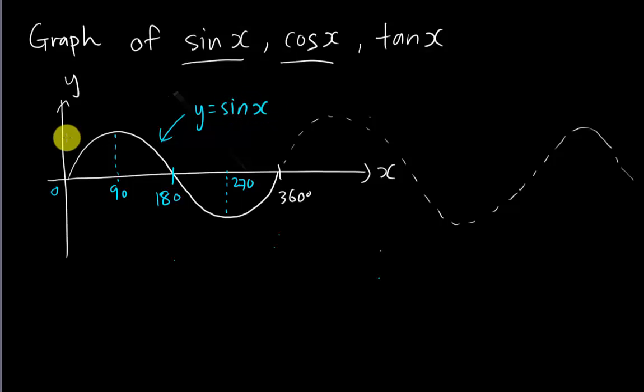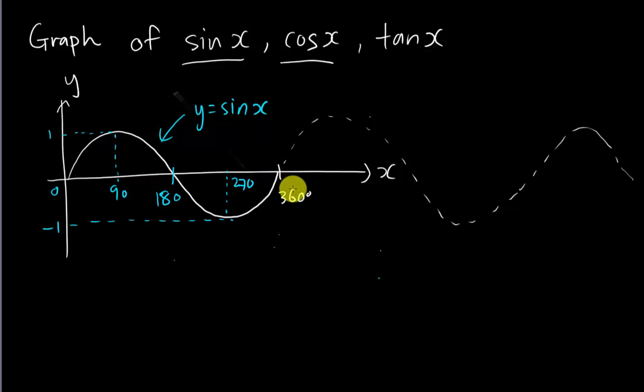So your maximum will be 1 and your minimum will be -1. For the sine graph, your minimum is at 270, so you will get -1. Your maximum is at 90, so you will get 1.